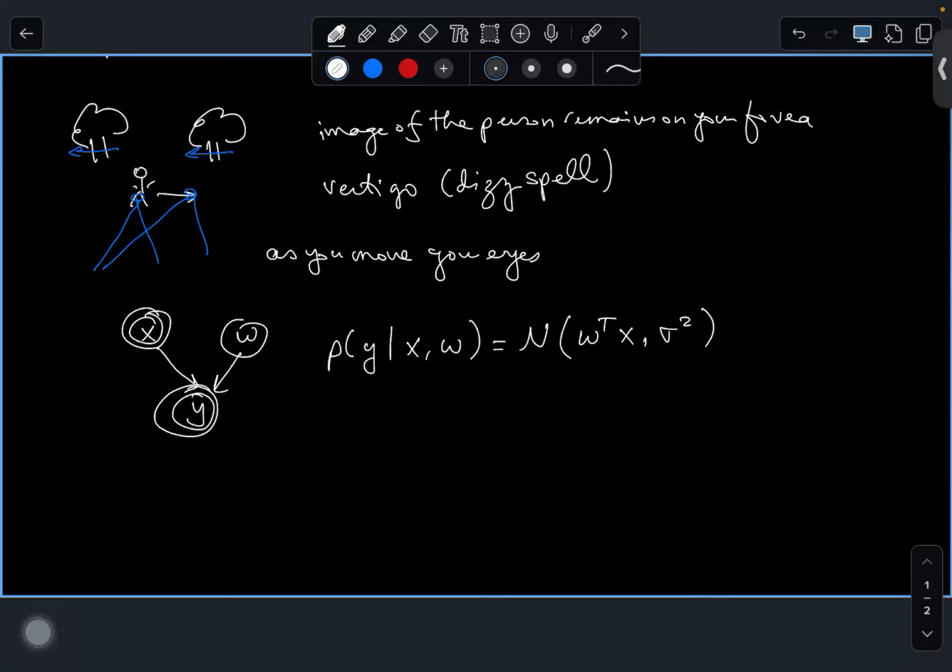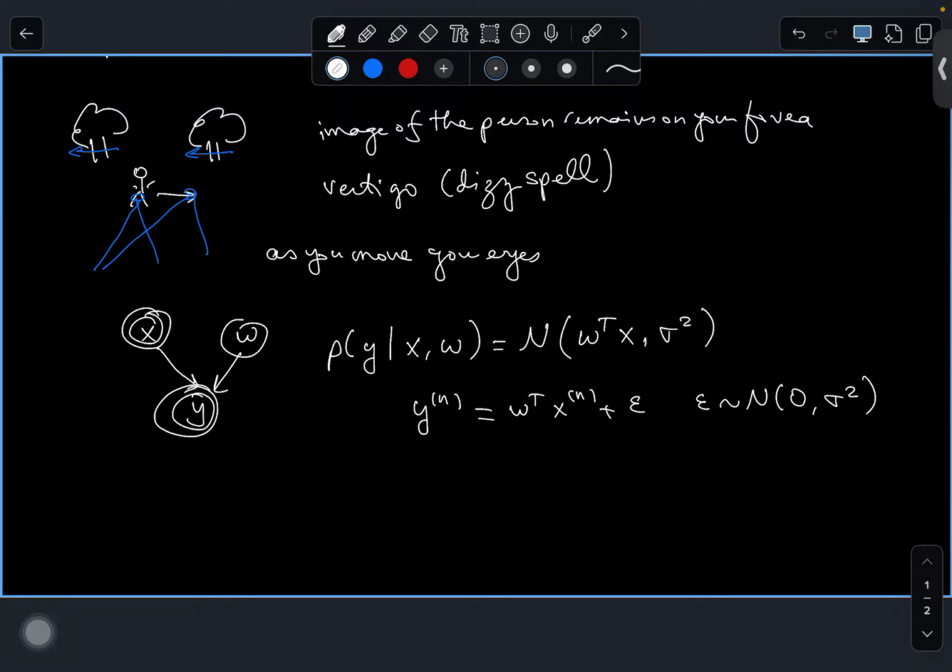It says the Y that you're observing is related to X using this parameter W, and it has a variance sigma squared. So this says the observation Y of n is W transpose X of n plus this noise term epsilon, where epsilon is normally distributed with mean zero and variance sigma squared.